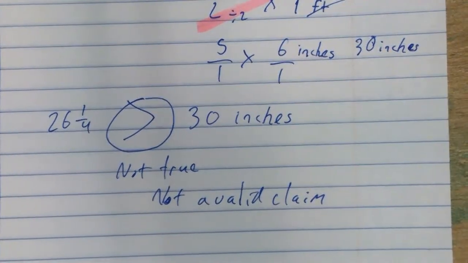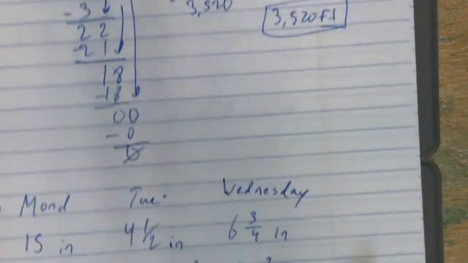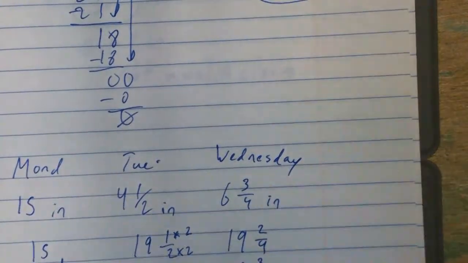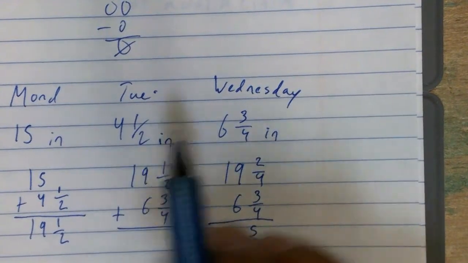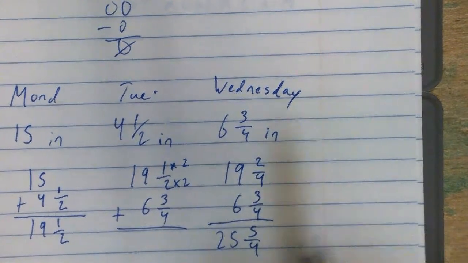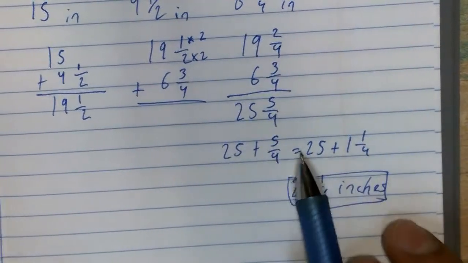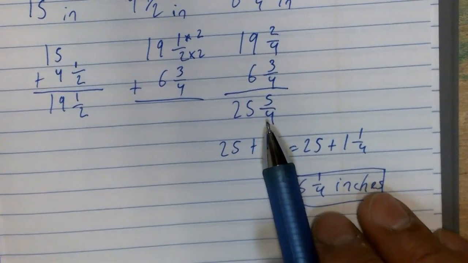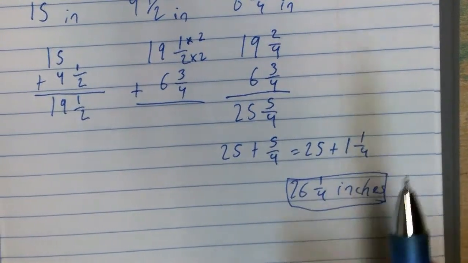Now, the idea should have made sense. Let's just review real fast. It was all about snowfall. It snowed this many inches on 3 days, 15 inches, 4.5 inches, 6 3/4 inches. I added everything together. I got 25 and 5/4 of an inch. I changed this to a mixed number and added together, got this much.